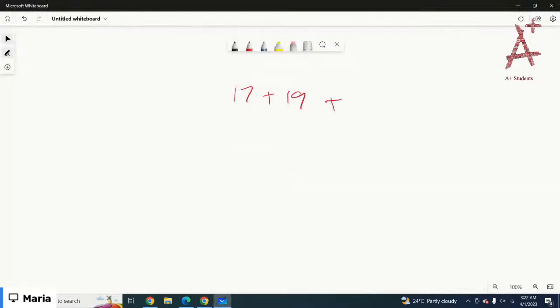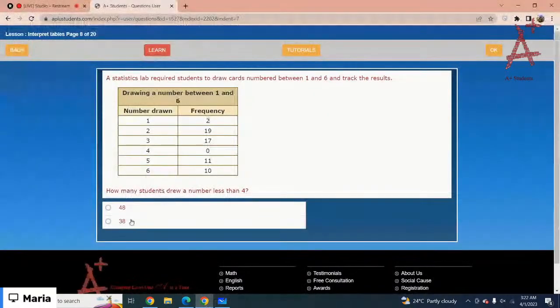Let's just add them. 17 plus 19 is 36, plus 2, it would be 38. That means that is 38. So the correct option is 38.